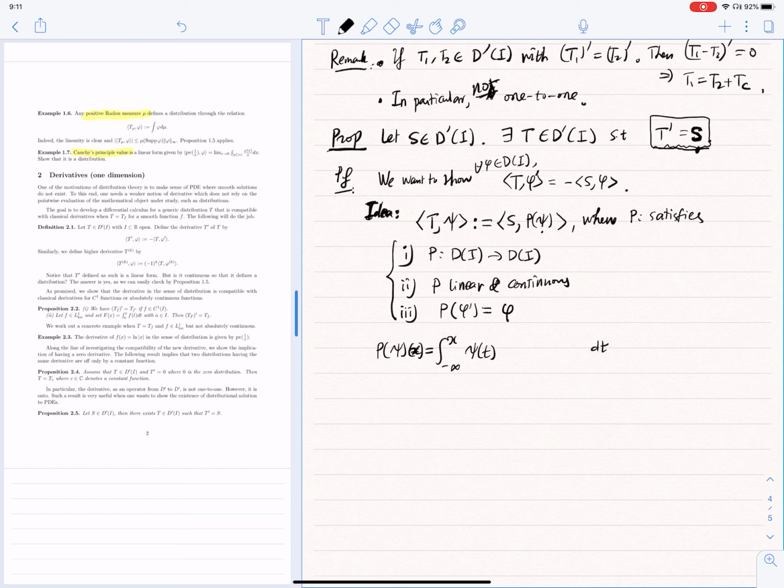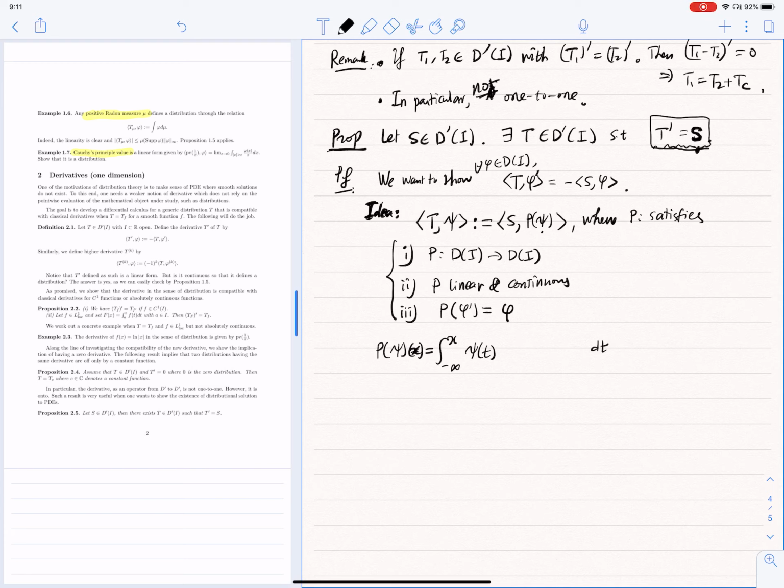If we choose it like this, then the third property would be satisfied and the linearity would be satisfied, but the first one will not be satisfied, because the support of this function will not be a compact set. To see that, just think of psi as a positive test function. Then the primitive will be an increasing function, and this increasing function will not have a compact support.